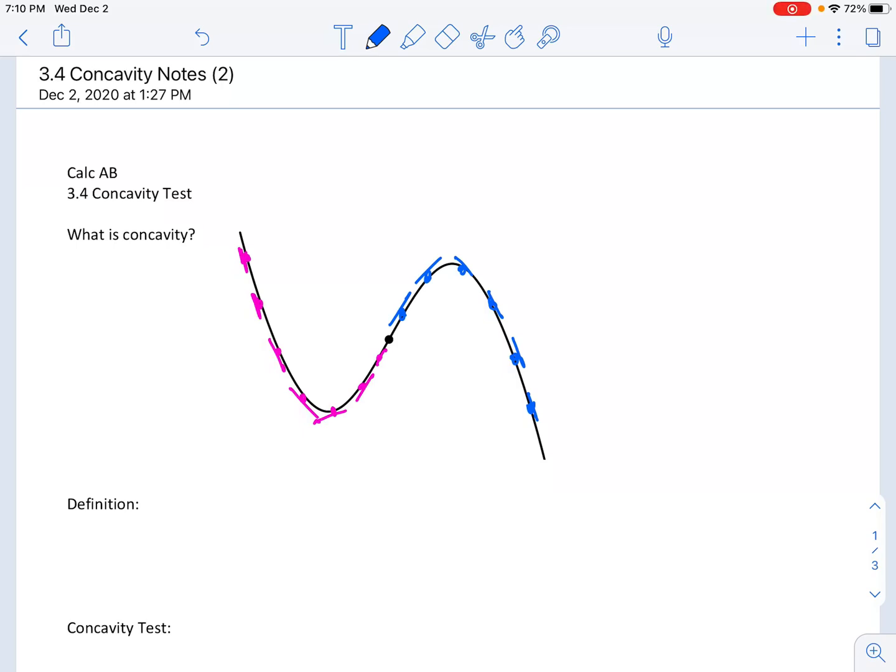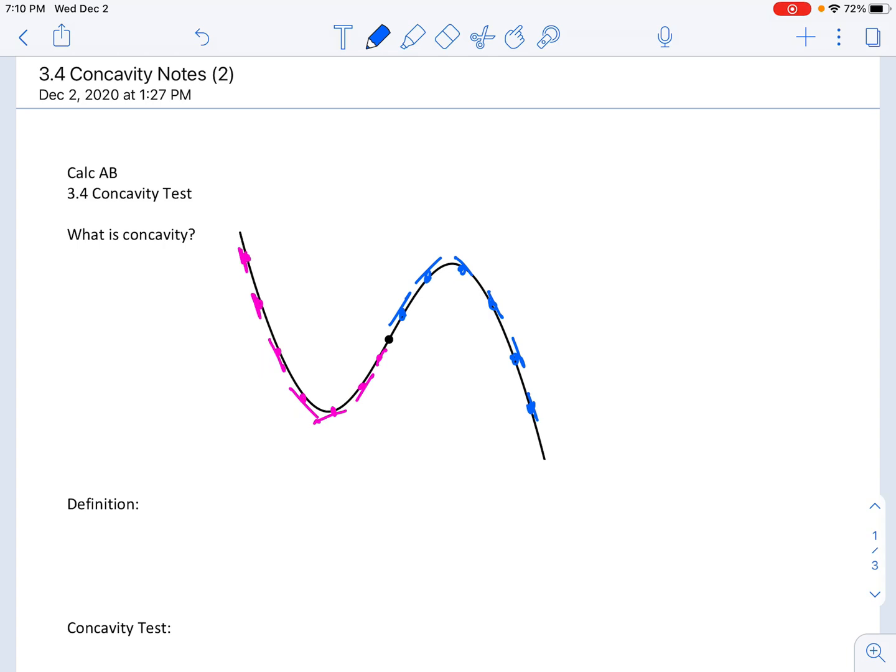All right. We're starting our journey to the last aspect of a function that we're going to be able to analyze with derivatives, and that aspect is called concavity. Before we get into the specifics about concavity, we have to be thinking about what that might mean.